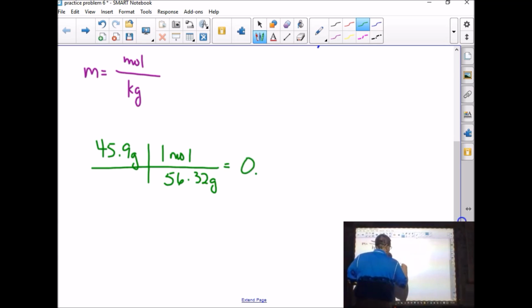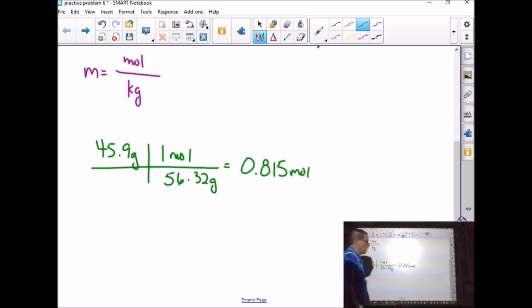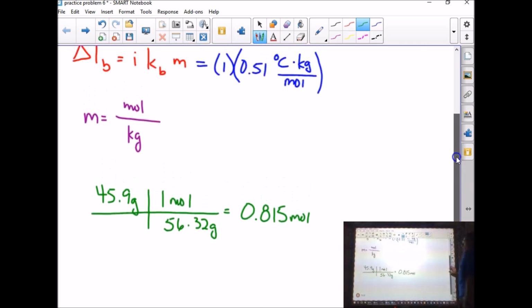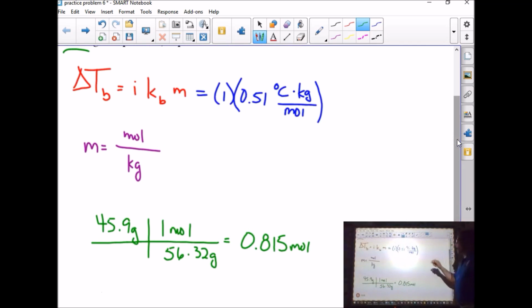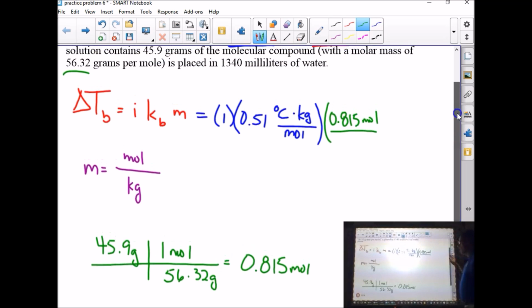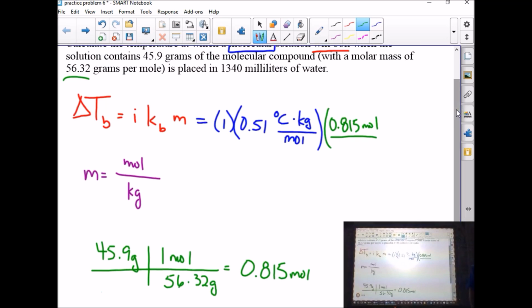So 0.815. Anybody else get that? Ish. Yeah. So now I've got this. I'm going to go ahead and just plug it in here. And then how can we find out how many kilograms of water we have?